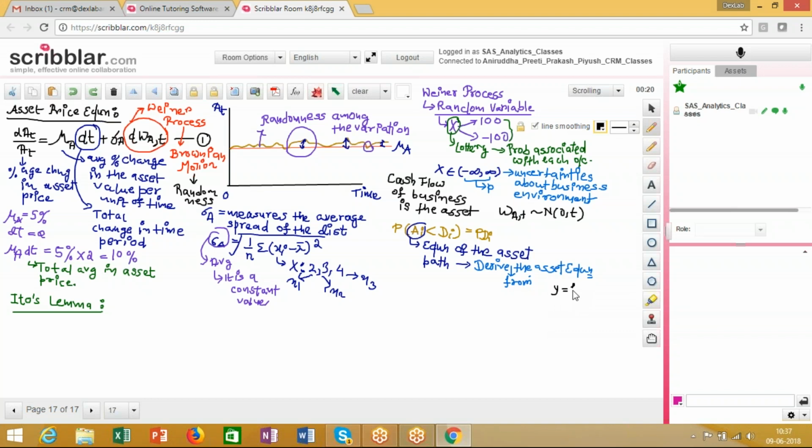It says that this function is a rule such that, given a value of the independent variable x, you will get a corresponding value of y. So x is your independent variable and y is your dependent variable, right?